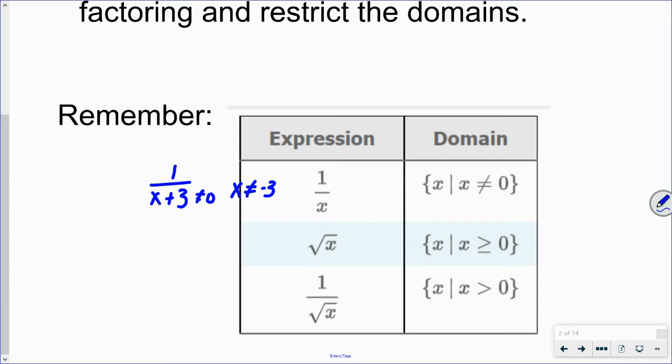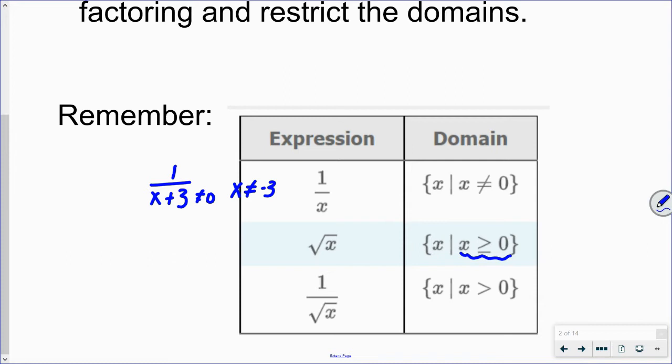Okay, if we have a radical, I can't have negative numbers under the radical. So in this case, x has to be greater than or equal to 0. It can be 0 because the square root of 0 is 0, but it cannot be a negative number.